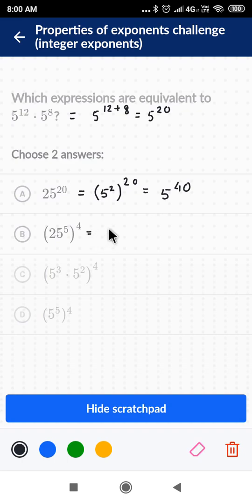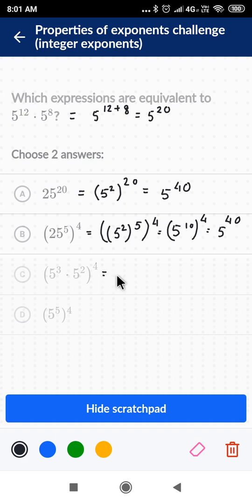Here again 25 will be 5 square, and 25 to the power 5 to the power 4, that is 5 to the power 10 to the power 4, that is 5 to the power 40.